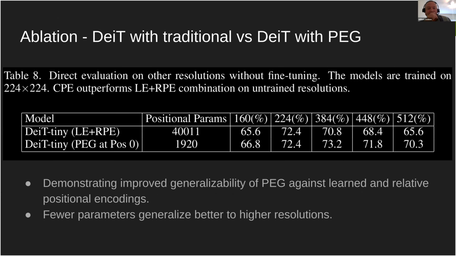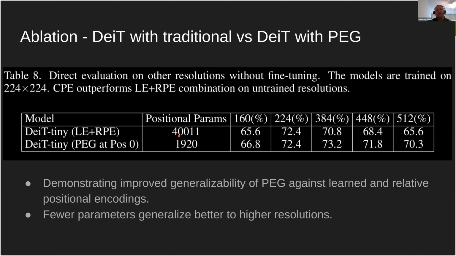So basically, this is showing how if you apply the different positional encoding to DeiT, how it performs at different resolutions. Also, worthy of note is how PEG is lightweight because it's basically just a 3x3 filter.